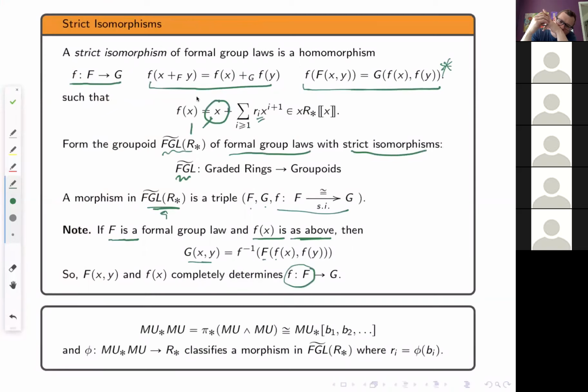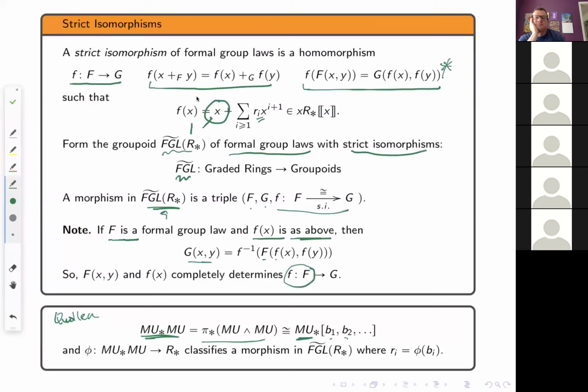All right. So this is part of Quillen's theorem. MU star MU, well, that's by definition this thing. So this happens to be the thing that classifies strict isomorphisms between formal group laws. So you get a polynomial ring on MU star as the coefficients and on classes b1, b2, and so on. And these b_i are supposed to be these r_i's here.